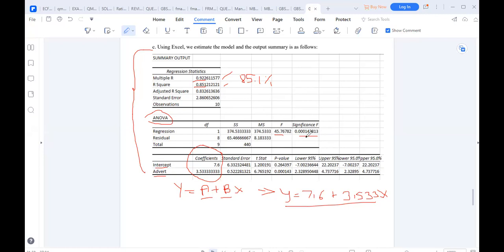We always reject H0 if your p-value is less than 0.05. So this number is far smaller than 0.05. So we reject. Whenever we reject, it simply implies that there's a statistical significance of the regression equation. So meaning the regression equation is statistically significant.